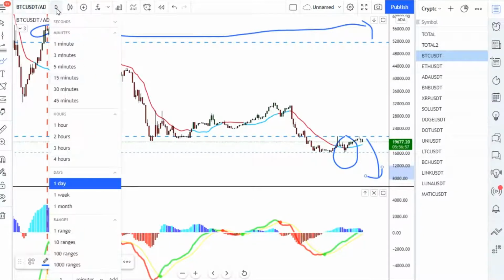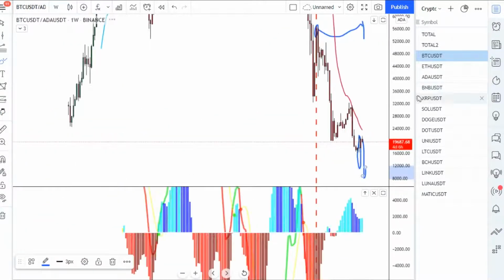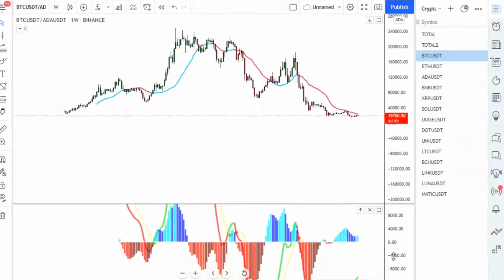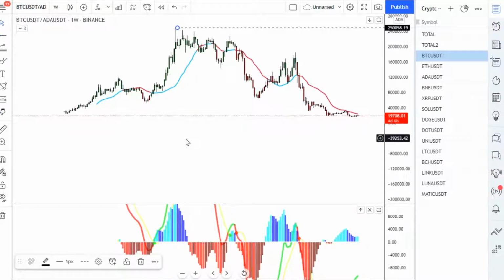If we go even weekly on this one, you're going to see, right there, guys. I'm just going to remove the drawing right here and bring this down. This is very interesting to watch. One BTC, let's see the time.